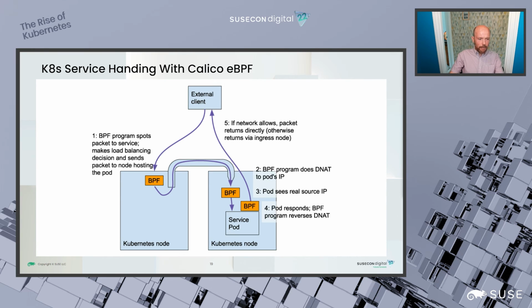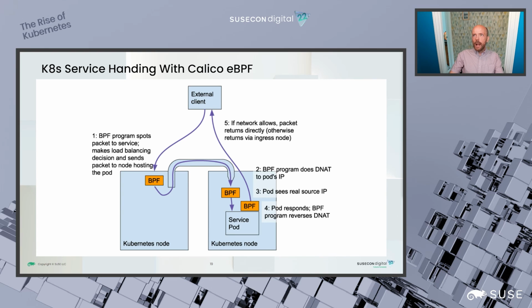The next thing that happens is that the pod responds, and the BPF program on the node containing the service pod reverses the destination NAT. Now, if the upstream network allows it, the packet is able to return directly to the external client.